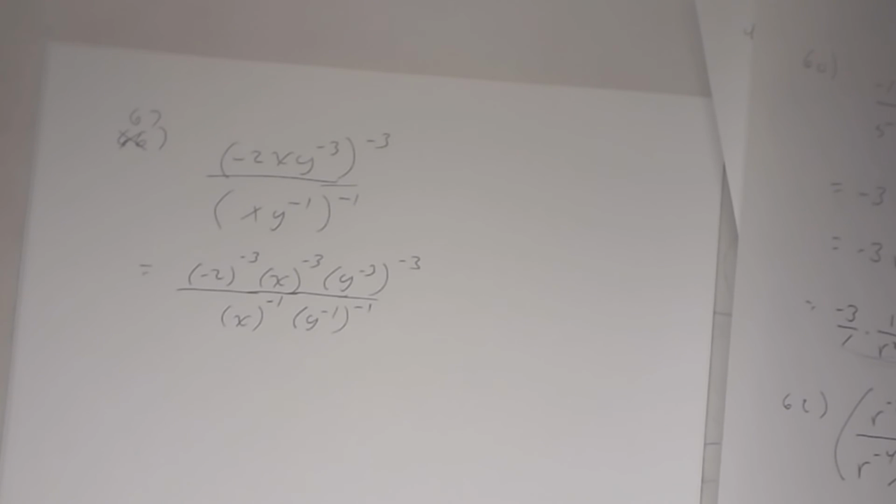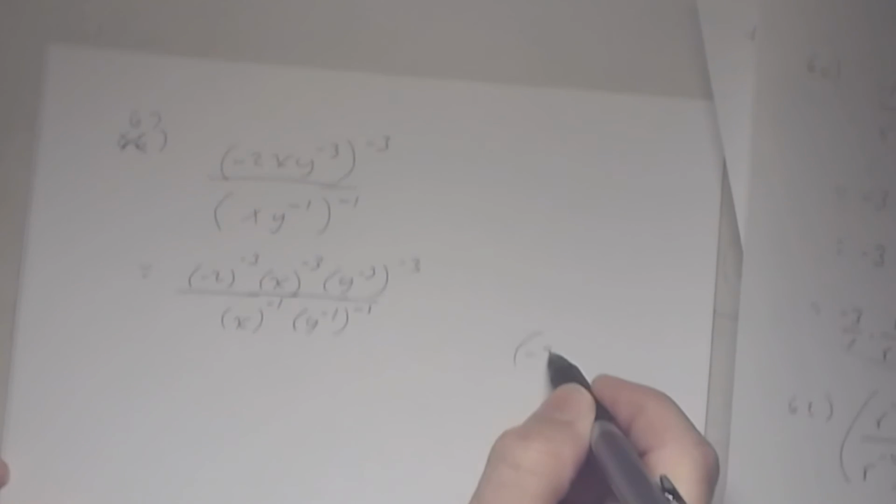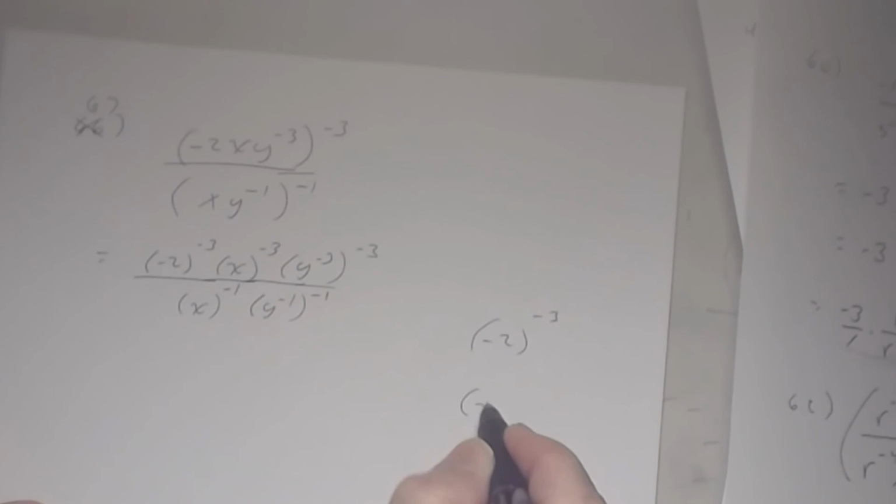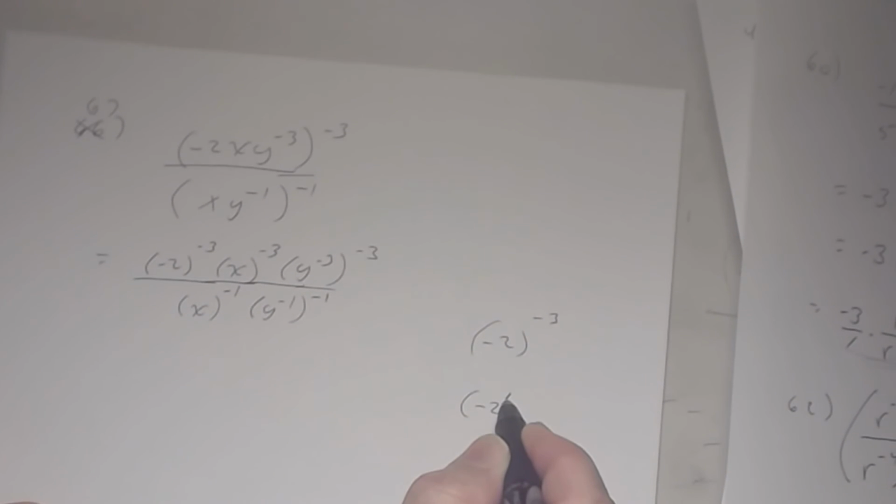All right, now be careful with that -2. Don't say -2 to the -3rd is -8. That's not true. -2 to the +3rd is -8, but that's not a +3, that's a -3. So what I would do first here is think about it like this. You see that -2 right here, that's understood to be a 1, right?